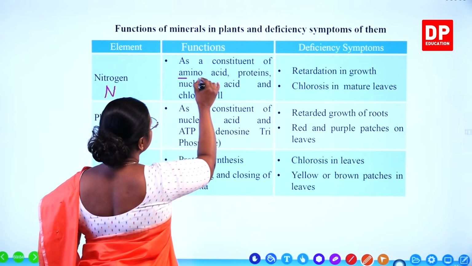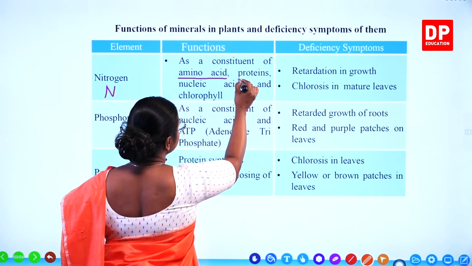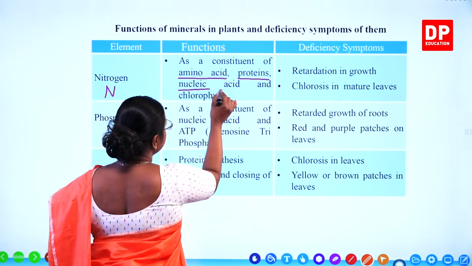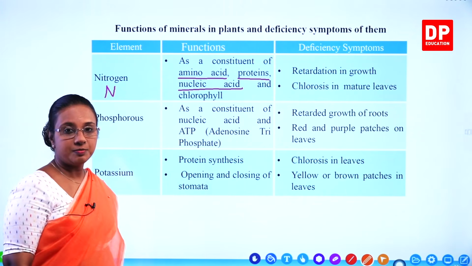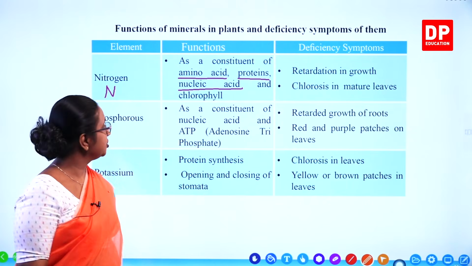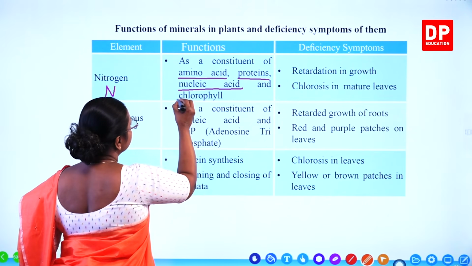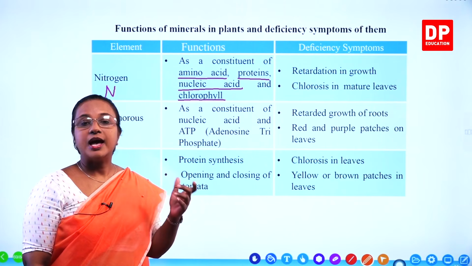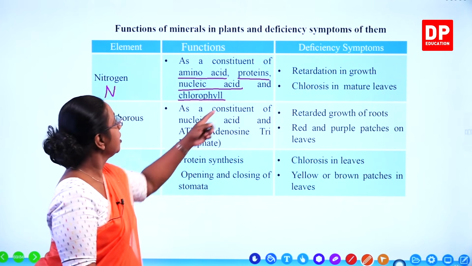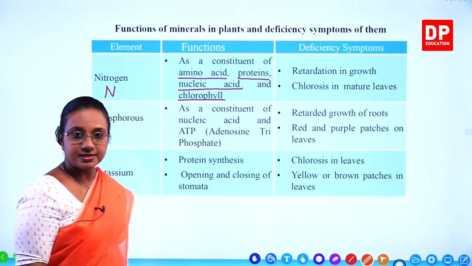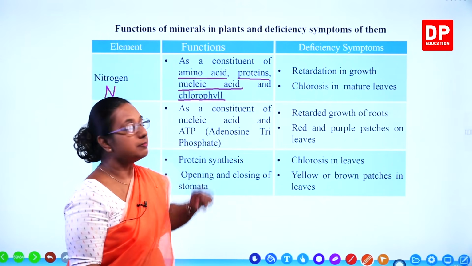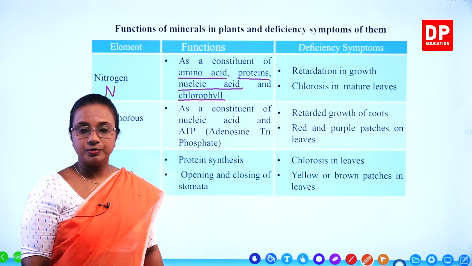So, we have already discussed amino acids. Those are the constituents of proteins and nucleic acids, which are important in the field of genetics, and also the chlorophyll in plants. So, as you already know students, proteins and nucleic acids are biomolecules and amino acids are the basic structural units of proteins.